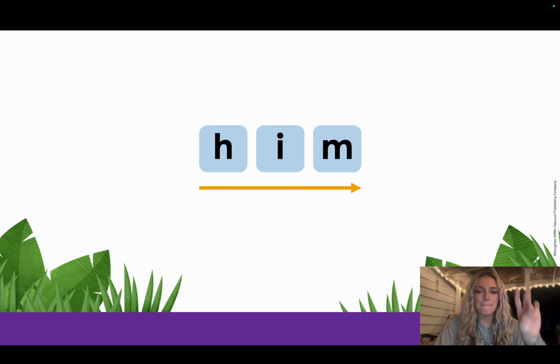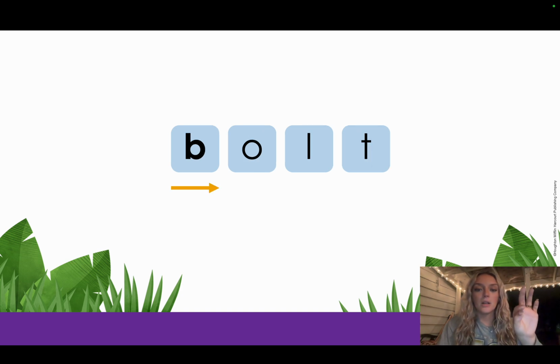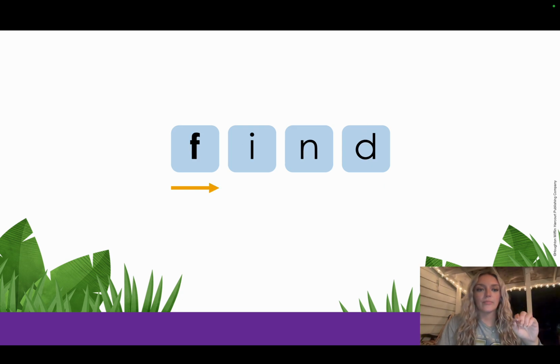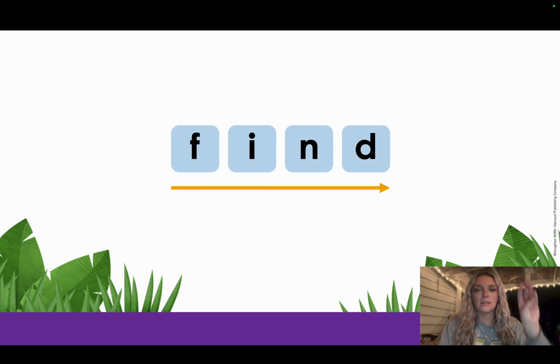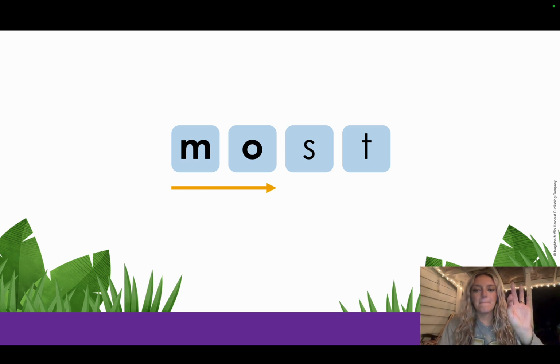H, i, m, him. Slow down if I'm going too fast for you. That's the whole reason that you're doing it on your iPad, so you can do it at your own speed. B, o, a, t, boat. F, i, n, d, find. M, o, s, t, most.